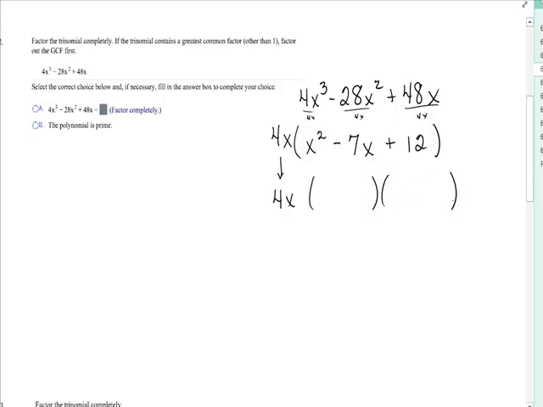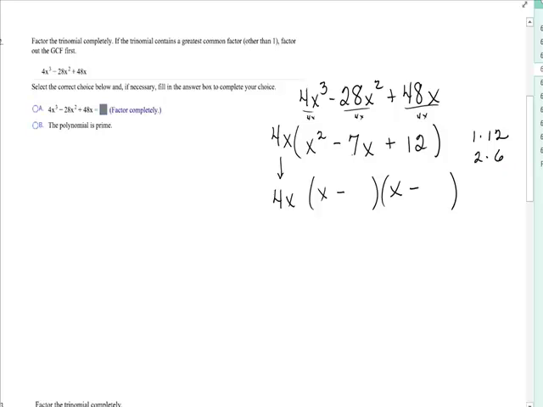If it's factorable, we're going to be able to do it, keeping that common factor. The last sign is positive. That means either plus plus or minus minus. That means minus minus, x and x. I need factors of 12. They have to multiply together to give me 12. They're going to add, because they're both negative, to give me 7. So 1 times 12. Do those add to be 7? No. 2 times 6.